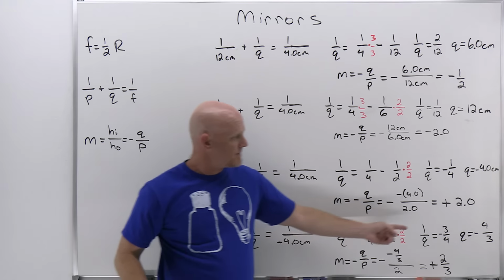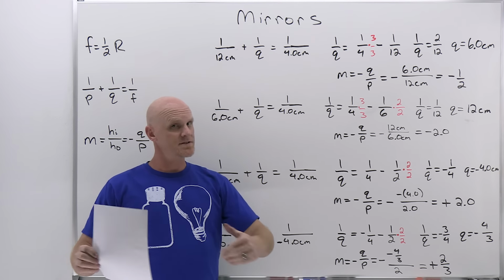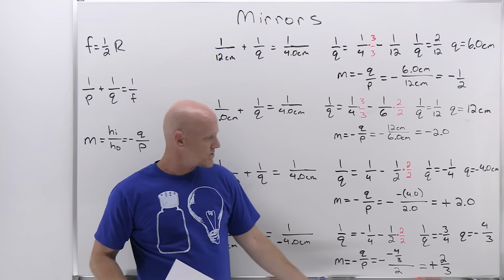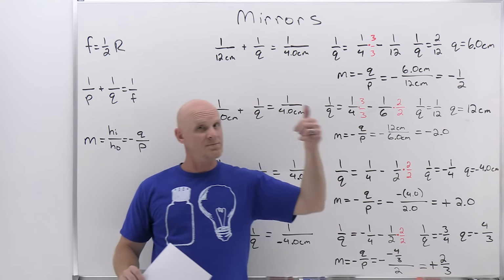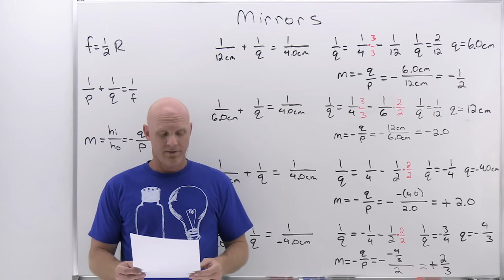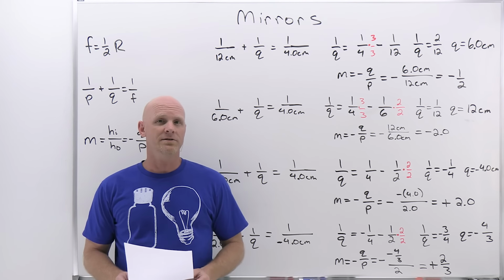Okay, so q came out negative, again confirming what we already knew should be the scenario with a convex mirror, that we're going to have a virtual image. So if you have a virtual image, our magnification came out positive, which means the image is going to be upright. And again, the magnification has an absolute value less than 1, which means the image is indeed smaller than the original object, confirming all of our suspicions regarding a convex mirror.